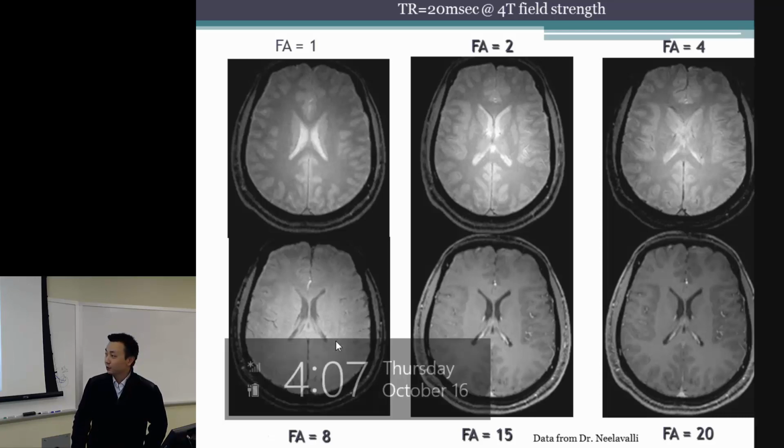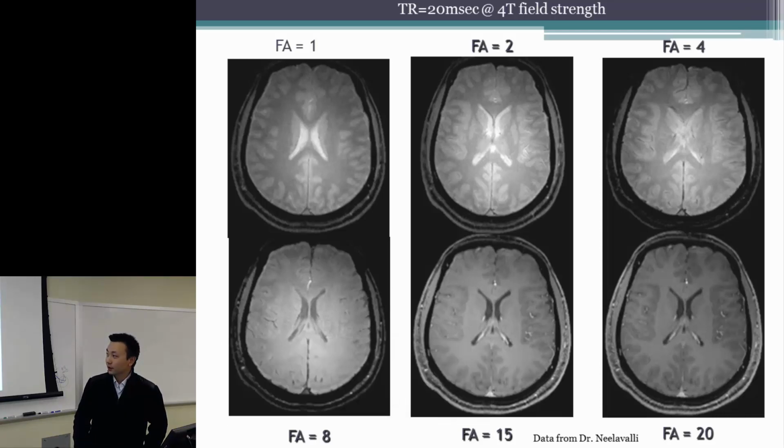Now, because at a flip angle of 8, we are approaching the Ernst angle of both the gray matter and white matter, because they are very close. The T1 is very similar, so they have very close flip angles. So when we are approaching this Ernst angle, we have minimum contrast, as we saw before.